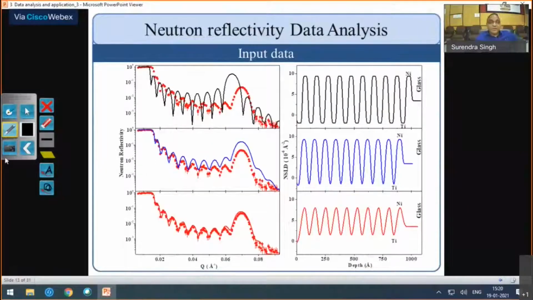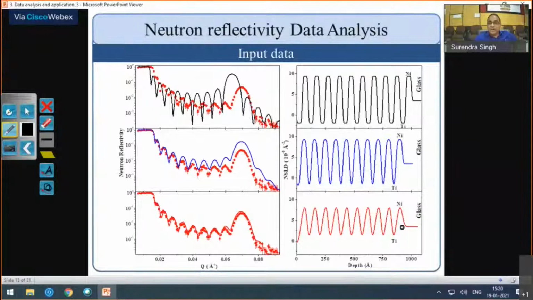So what we did initially, this was our scattering line density over here, this black one. Our corresponding reflectivity was like this, and we didn't take the resolution factor into account. But in the second case, we took the resolution factor into account, and we varied the thickness. Now you see thickness has come down. 50-50 becomes 56-36.